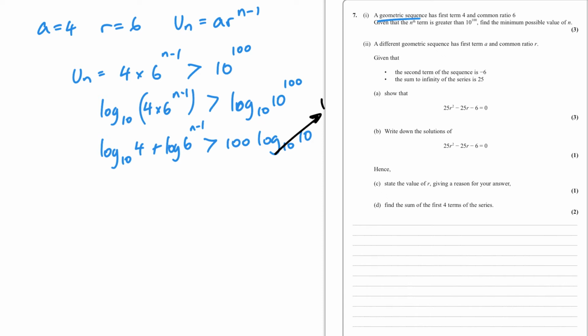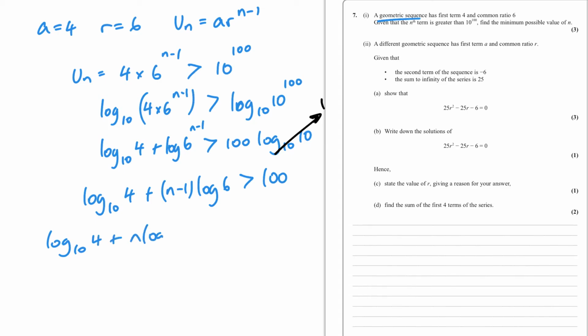So that's nice and easy straight away. So we've got log 10 of 4 plus n minus 1 log of 6 greater than 100. So we now have log 10 of 4 plus n log of 6 minus log of 6 greater than 100.